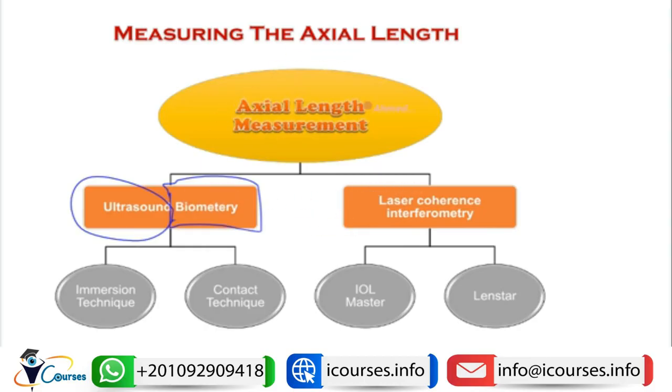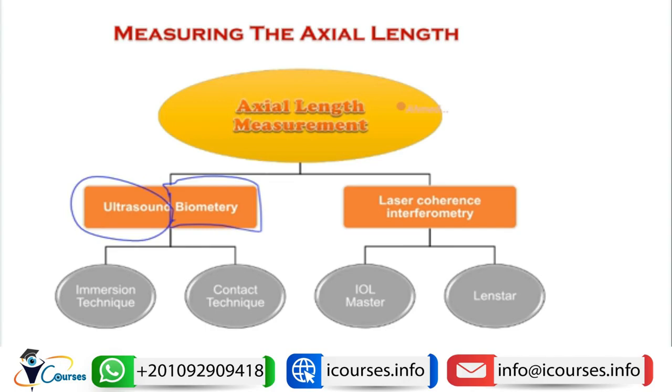Axial length measurement is based on determination of how far the cornea is from the retina, or the length of the eye. So we don't just take a ruler inside the eye and measure it in millimeters, but we send something that will enter the eye and bounce back.